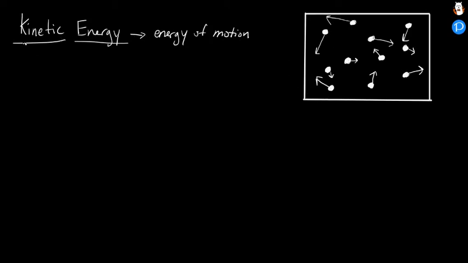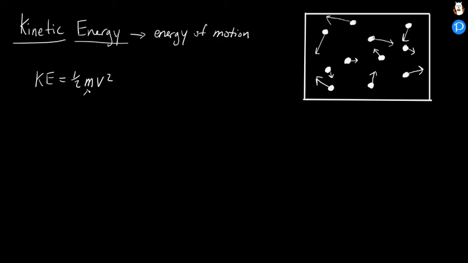Well, first of all, let's define mathematically what kinetic energy is. If I wanted to figure out the amount of kinetic energy that one particle has, kinetic energy is 1/2 times the mass times the velocity squared.